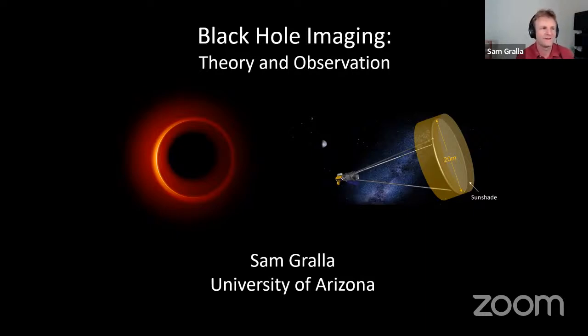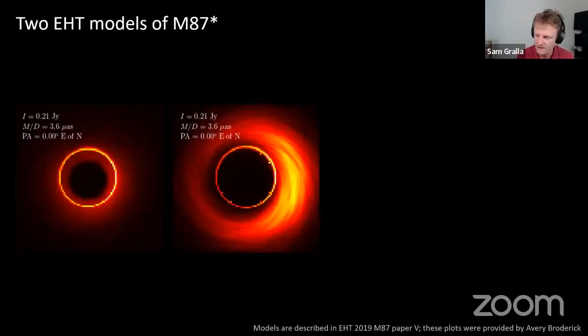I don't know if I'll tell you exactly whether you can see your fuzzballs or not, but I'll try to give you a sense of the basics of how these observations work, starting with the theory and talking a bit about the observations, and maybe also about some future ways that we could actually get to testing whether the metric is Kerr or seeing some other properties of the space-time, which then could, of course, tie into the microstructure stuff that people here are primarily interested in. So let me get going and start with just an overview.